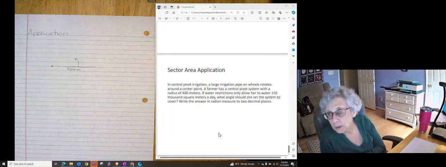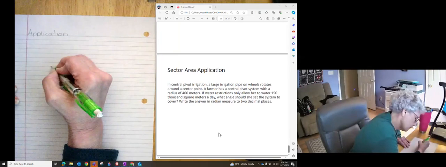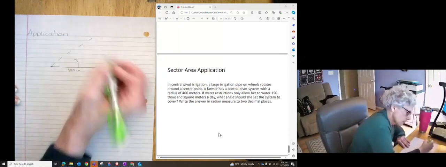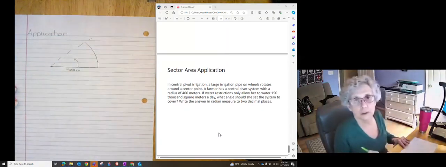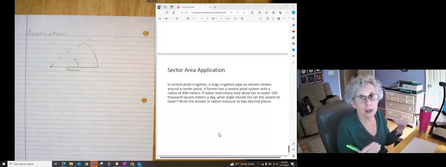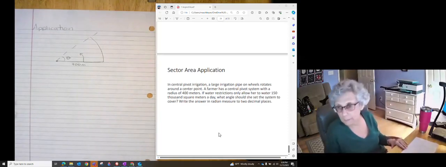Water restrictions only allow her to water 150,000 square meters per day. What angle should she set the system to cover? Write the answer in radian measure to 2 decimal places. You will learn I'm not that great an artist, but it still helps me to visualize what's going on, even though my pictures aren't that great. So there's my measure theta.